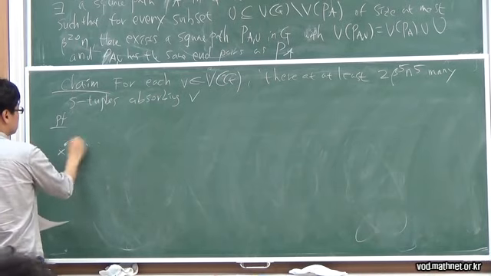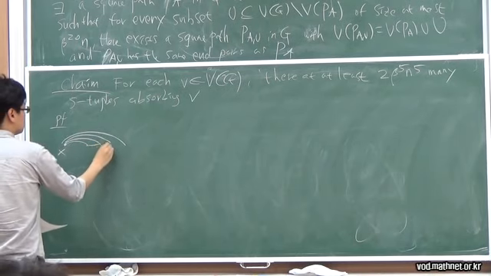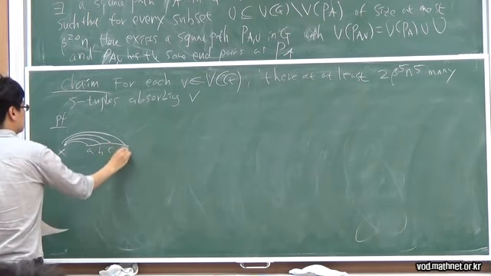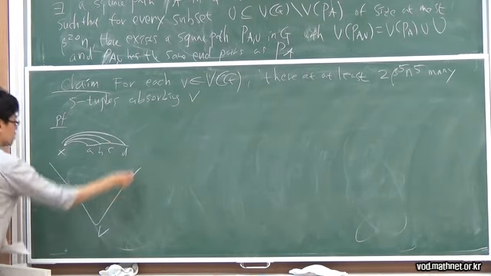We have X and A, B, C, D. All should lie inside the neighborhood of B.